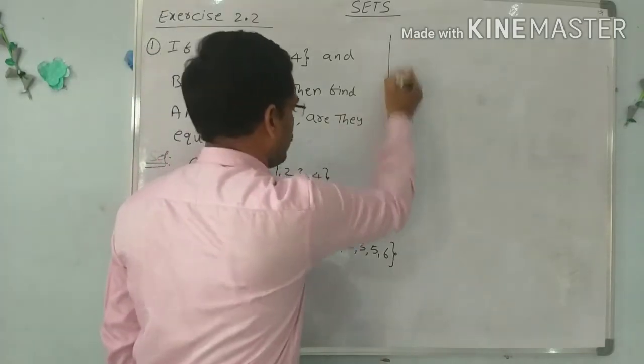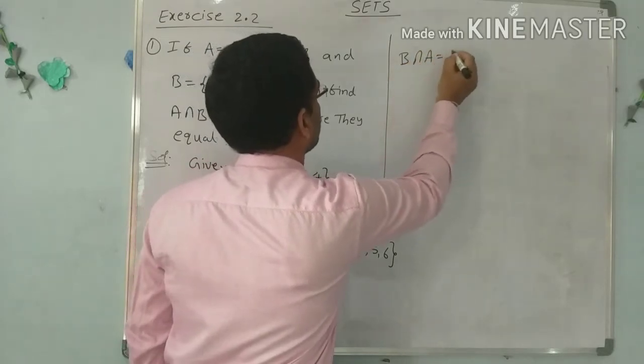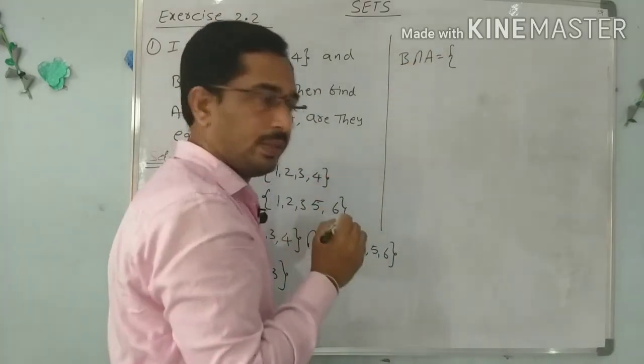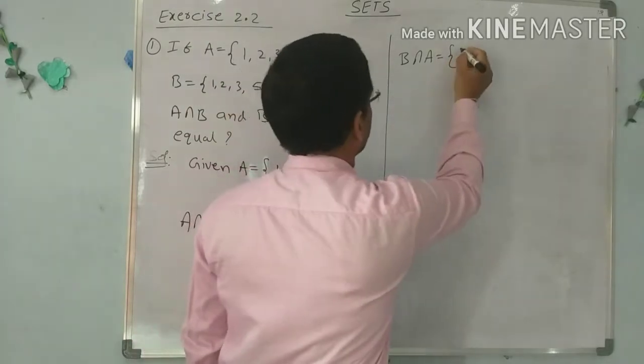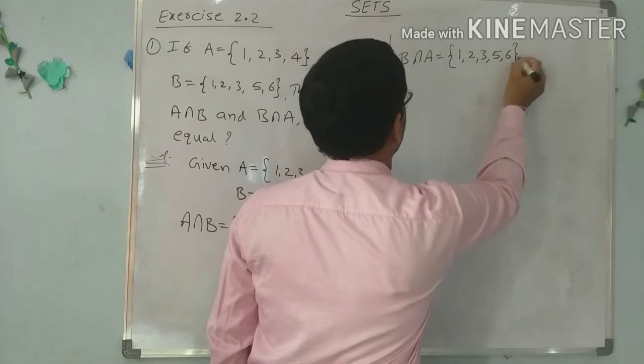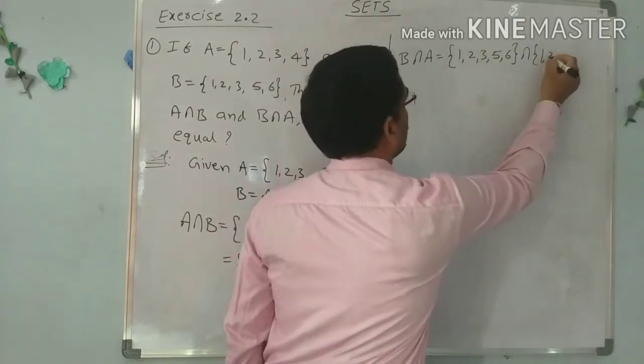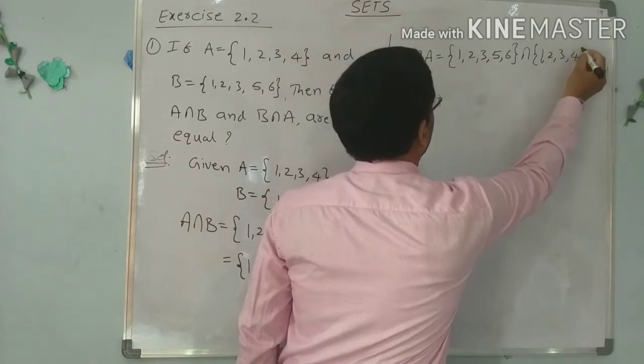Now next, B intersection A. First write the elements of B. The B set elements {1, 2, 3, 5, 6} intersection the elements of A {1, 2, 3, 4}.